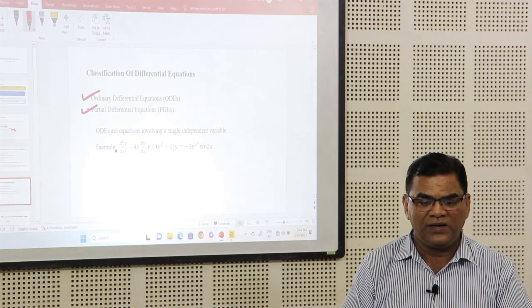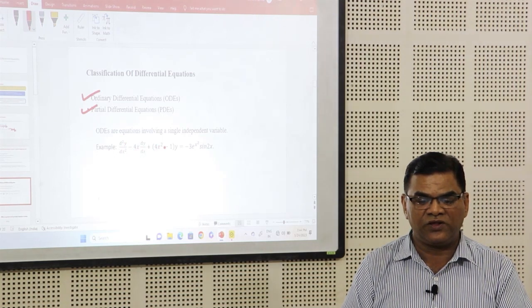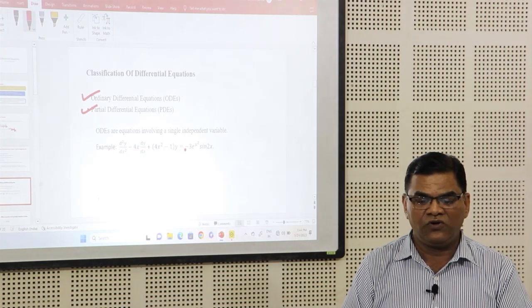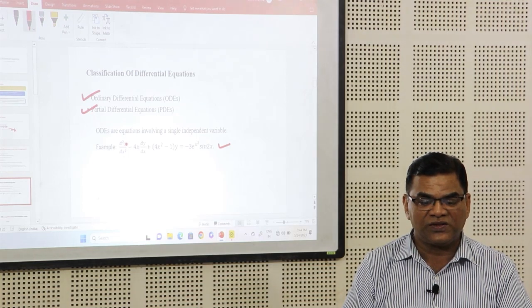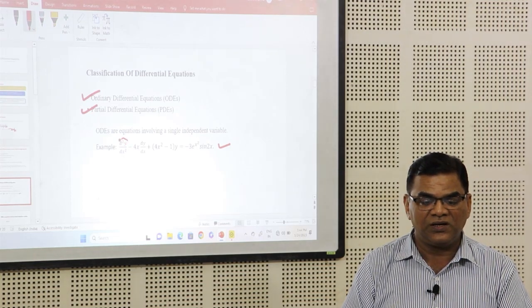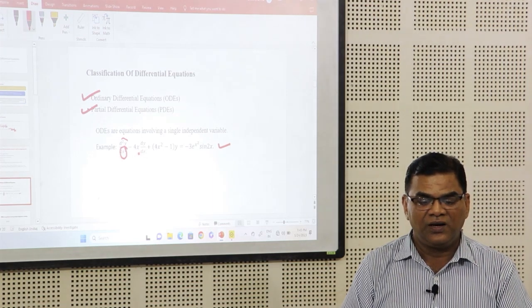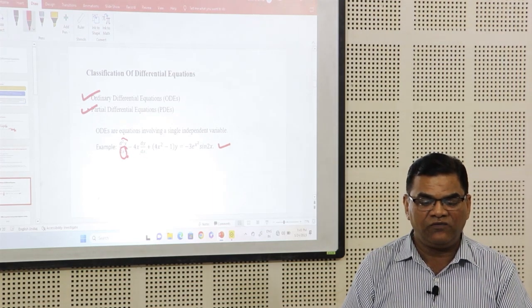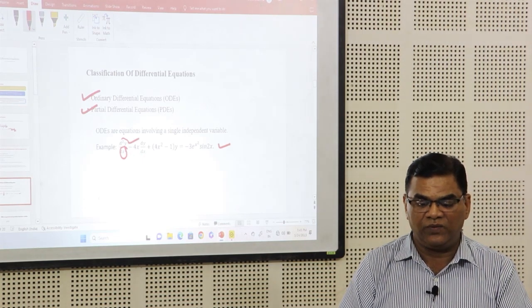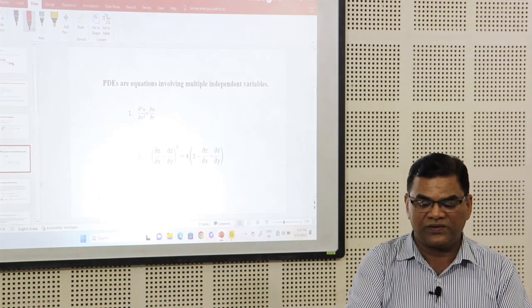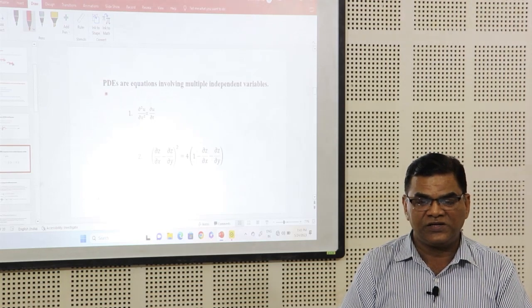For example, d^2y/dx^2 - 4x dy/dx + (4x^2 - 1) y = -3 e^(x^2) sin 2x. So, this is an ordinary differential equation, since this equation depends only on a single independent variable x, and y is the dependent variable. So, we can say this is an example of an ordinary differential equation.